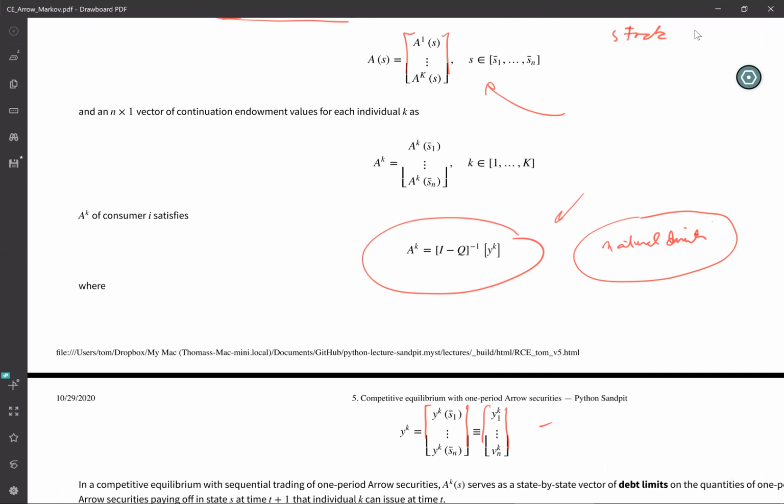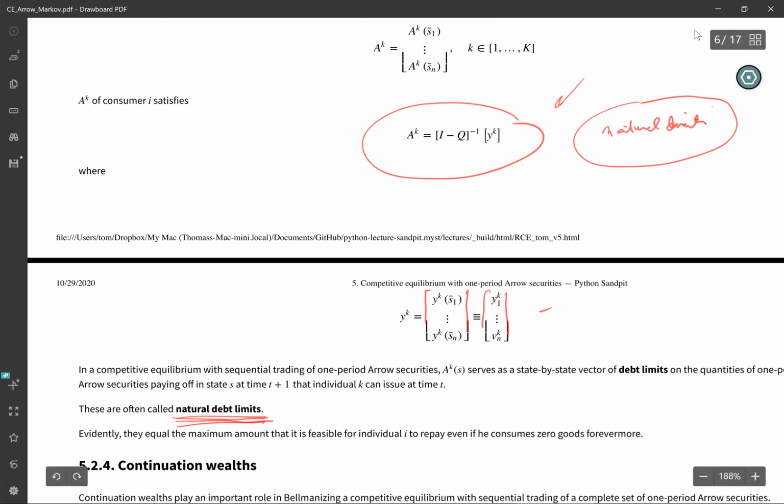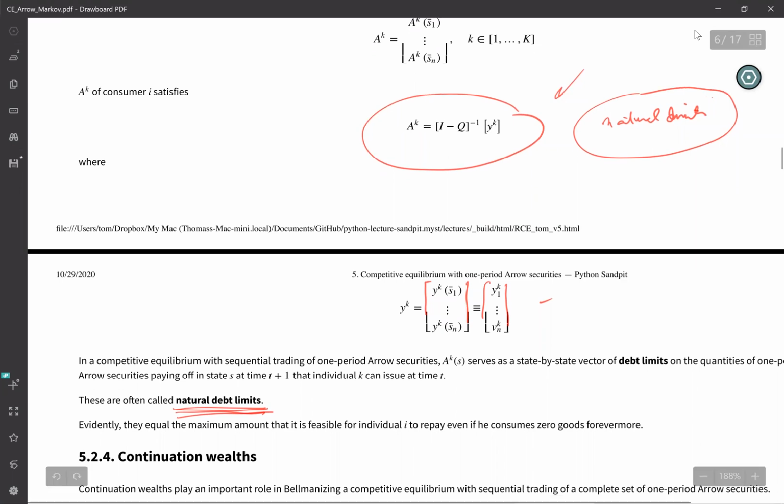It's the most he or she could ever repay in terms of a debt, on the assumption that he or she consumes zero from then on. Could never get more from this person. So that's the so-called natural debt limit. It's the weakest debt limit that it's even physically feasible to impose. So we've computed the natural debt limits, and remember we had to do that before to get going with our trading of Arrow securities.